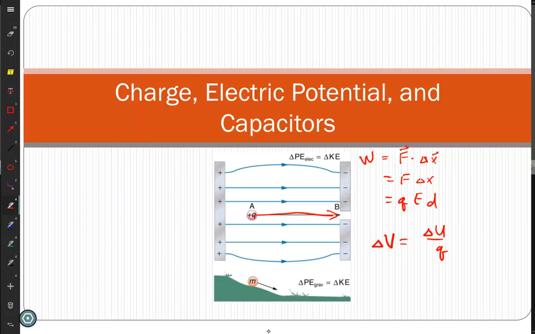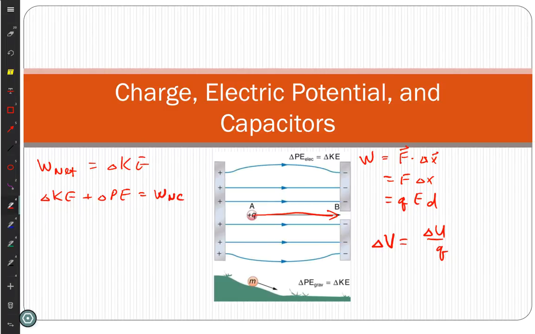We get delta U by saying that work net is equal to change in kinetic energy, and change in kinetic energy plus change in potential energy is the change in overall energy, or the work non-conservative. And in this case, we don't have any non-conservative forces. The electric force, just like the gravitational force, is a conservative force. You can do work against it, it just stores the energy and gives it back. And so the work non-conservative is 0.